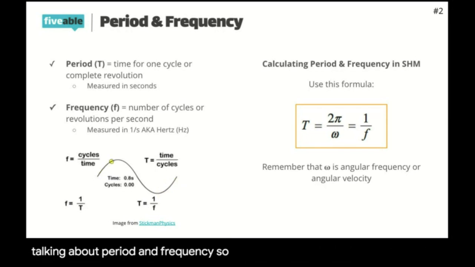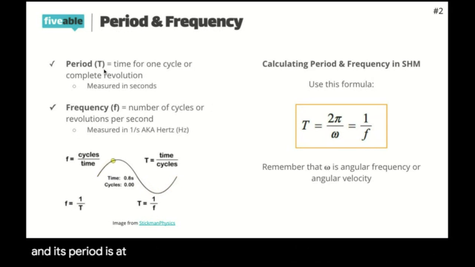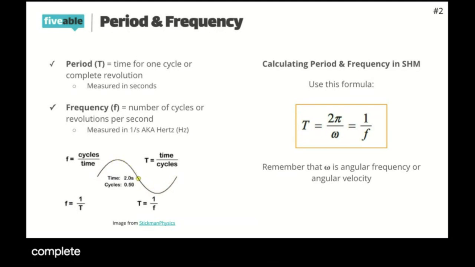Talking about period and frequency. So period and frequency are new ideas for simple harmonic motion. Definition of period, we symbolize it with a capital T, and period is a time, so I think capital T like time. It's time for one cycle or complete revolution to occur. We measure it in seconds.